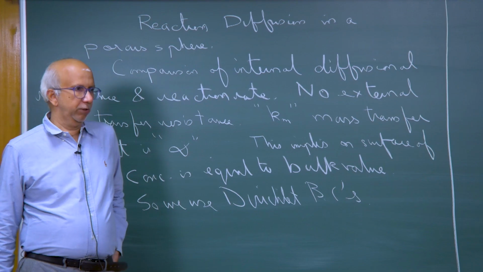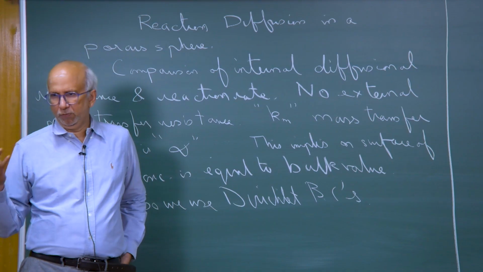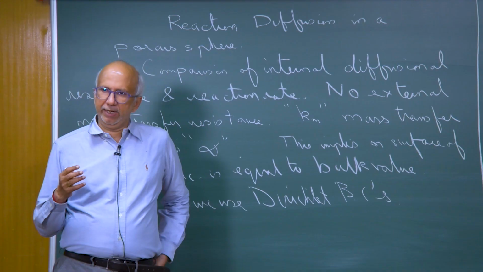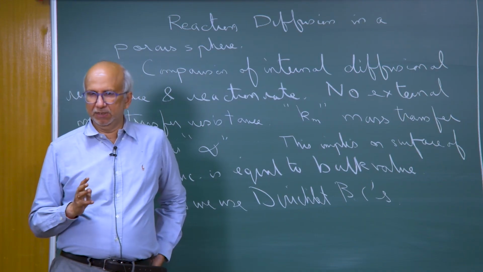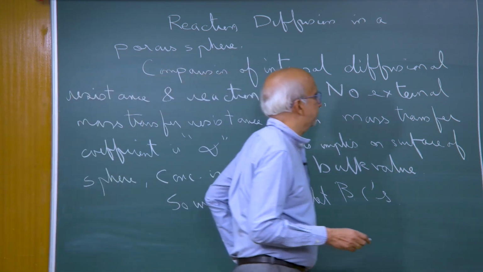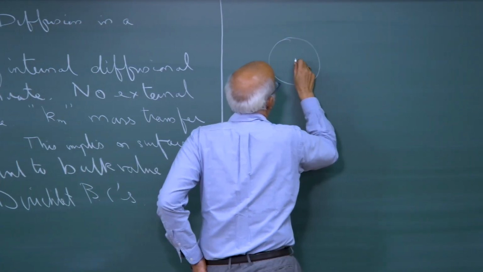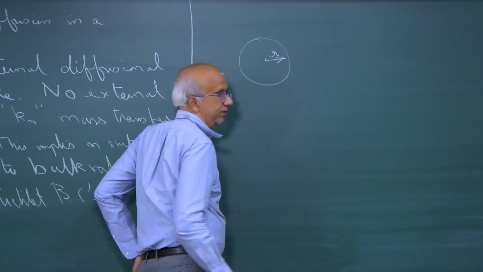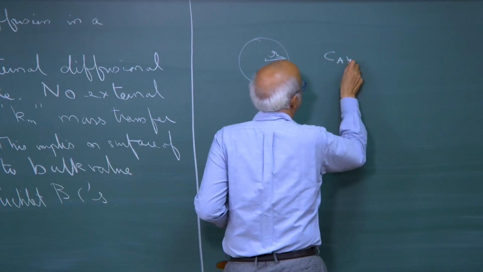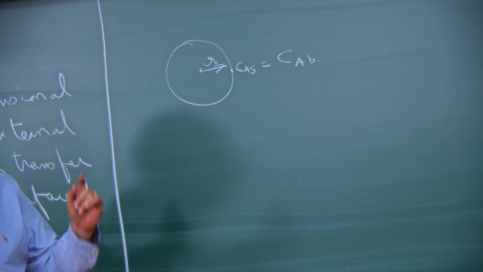Now, supposing you were to formulate this problem, exactly the same as what we did before. You have a diffusion term and you have a reaction term. We again are going to say it is only a one dimensional system. We are not going to worry about all three coordinates, okay. So, if you have a porous catalyst pellet, the only dimension you are interested in is r, because you have uniform concentration. This is Ca bulk here, this is Cas which is equal to Ca bulk on the surface.